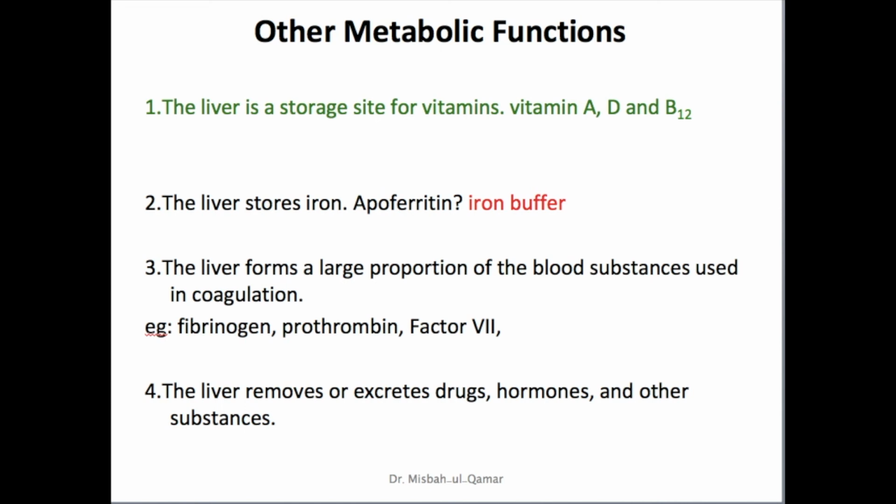The liver forms a large proportion of the blood substances used in coagulation, for example, fibrinogen, prothrombin, and factor 7, while vitamin K dependent coagulation factors are prothrombin and factors 7, 9, and 10. And finally, our liver removes or excretes drugs, hormones, and other substances.